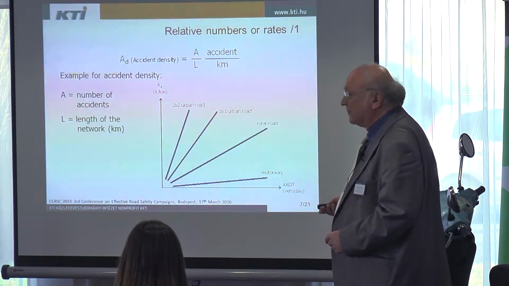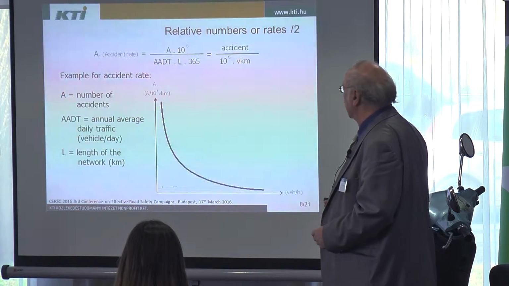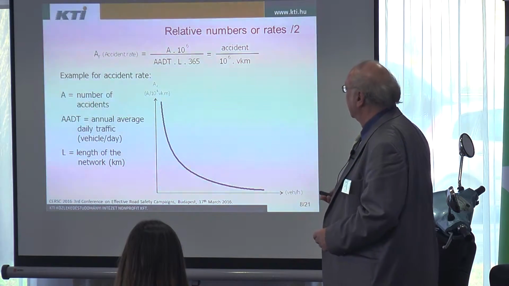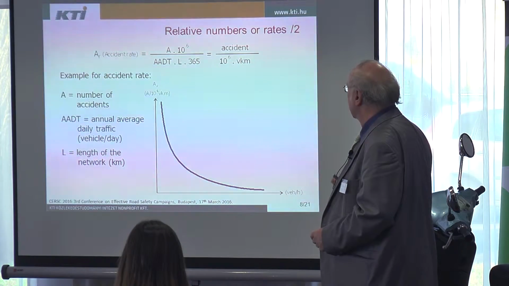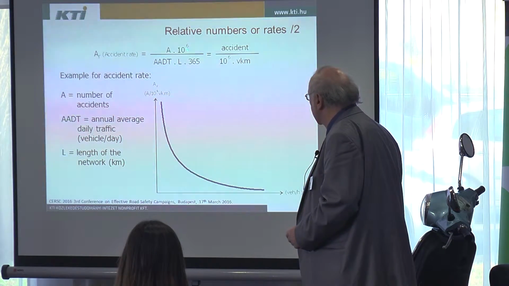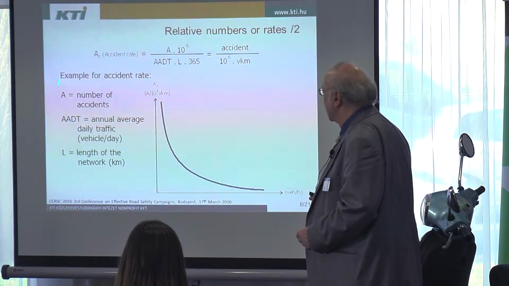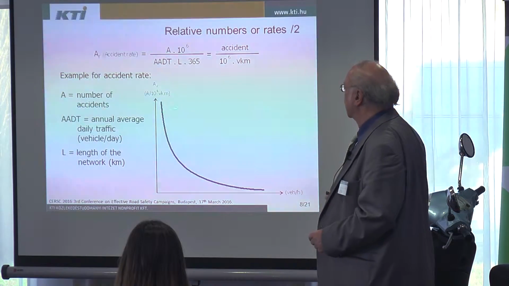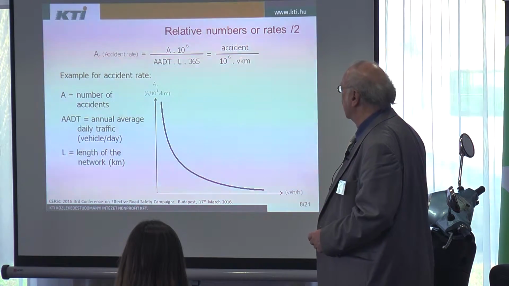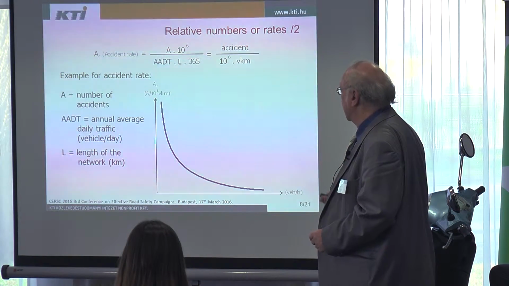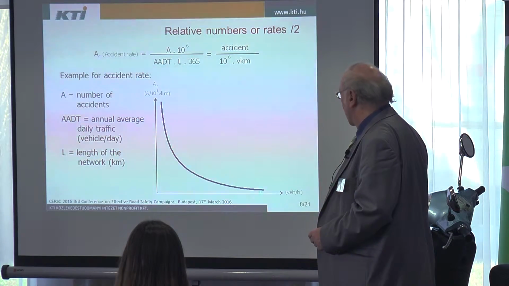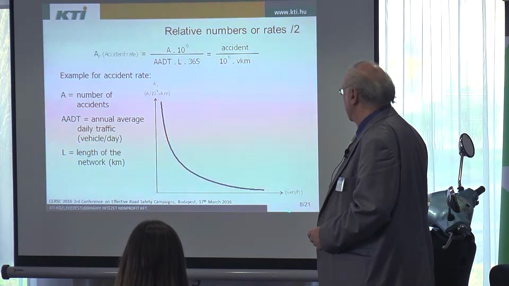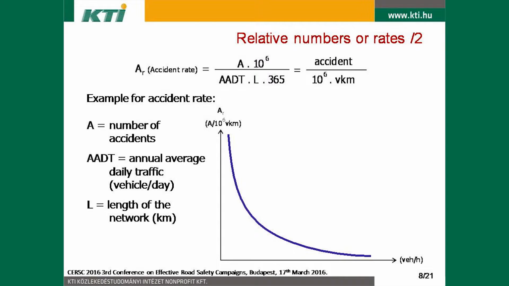And the other very important, maybe the most important relative number is the accident rate. Here you can see the different numbers: accident number A, also annual average daily traffic, and the length of the network. And here you can see the curve. Here we have to use the vehicles per hour, and here you can see the accident risk.